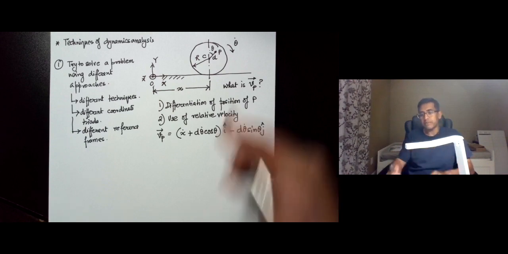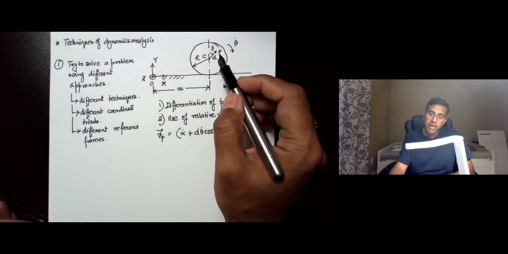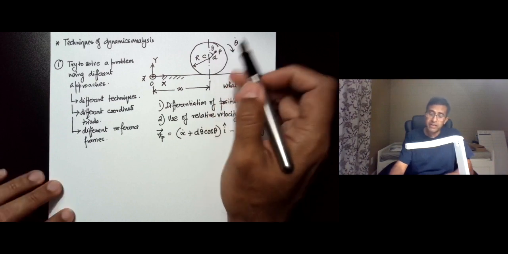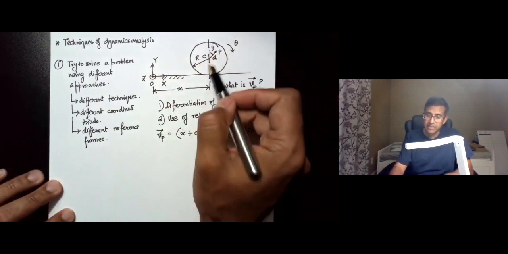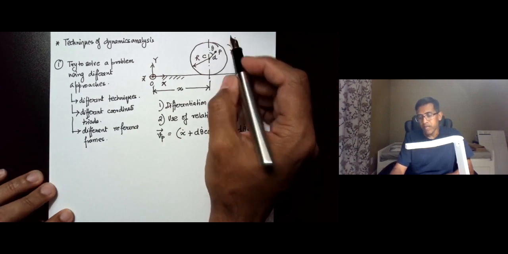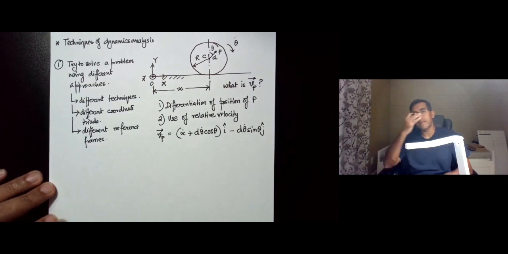So for example, a quick example is, in a fixed reference frame, or also in a reference frame that is just translating with the center of this disk, the velocity of p with respect to c is a circular motion, right?